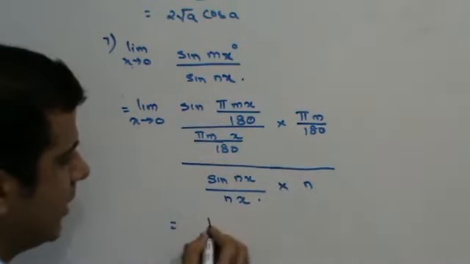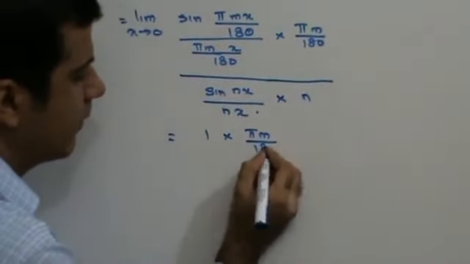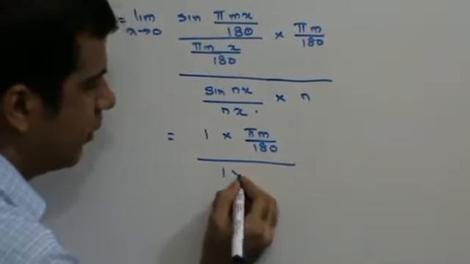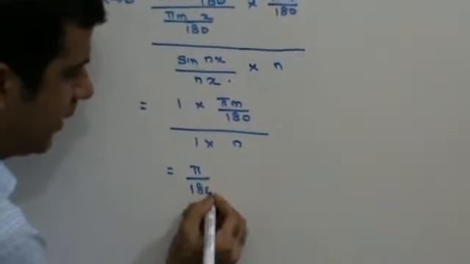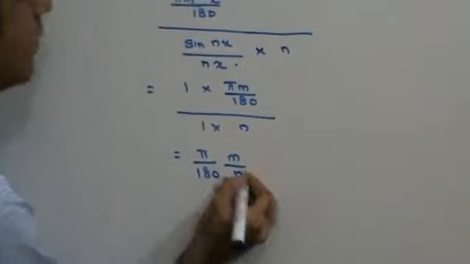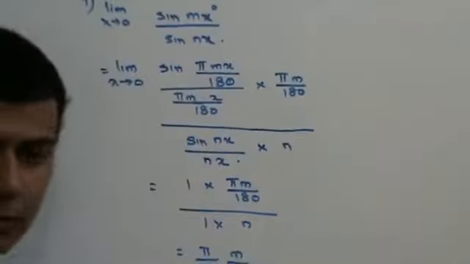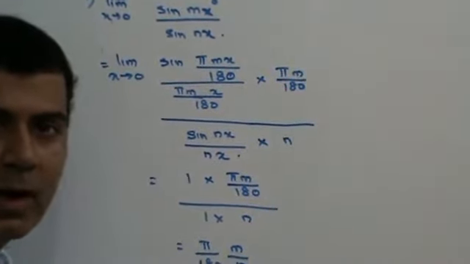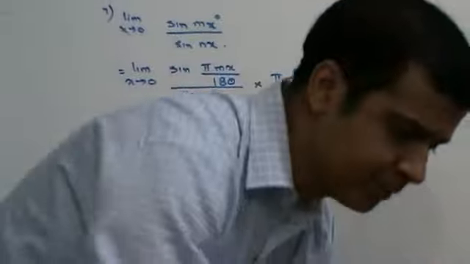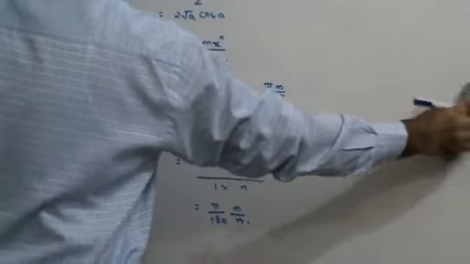Sin theta upon theta is 1 into pi m by 180. Sin theta upon theta is 1 upon n. Hence your answer is pi by 180 m upon n. Right? The key thing here was to convert the degrees into radians, because all formulas are possible only when your angle is in radians. Right? Let's move on to the next one, guys.